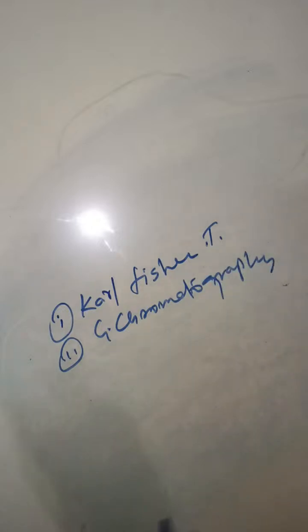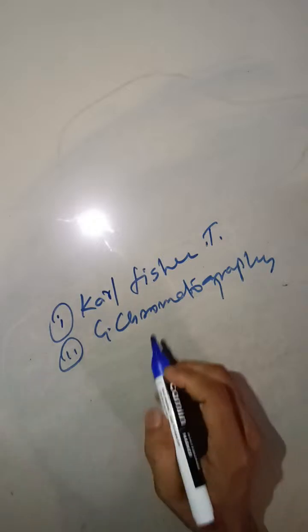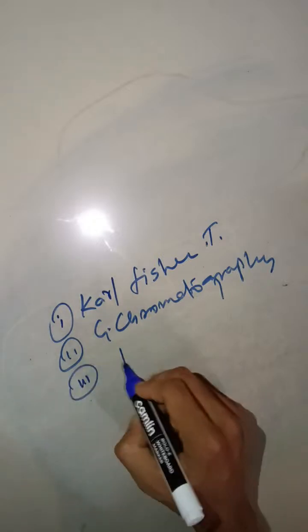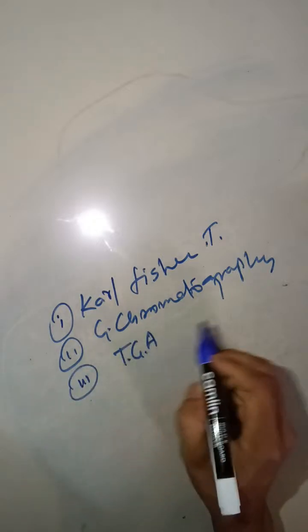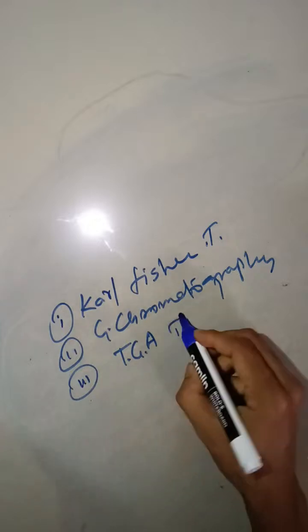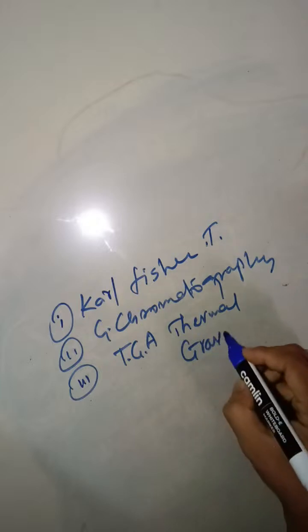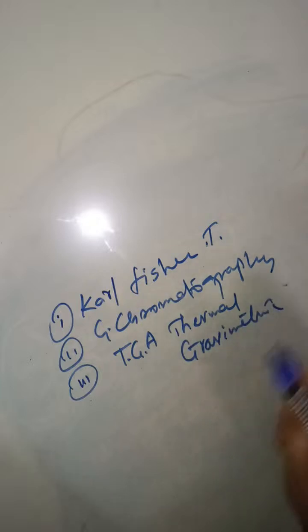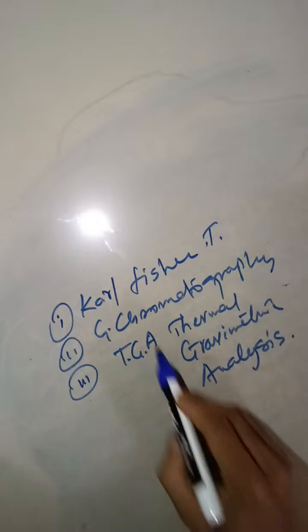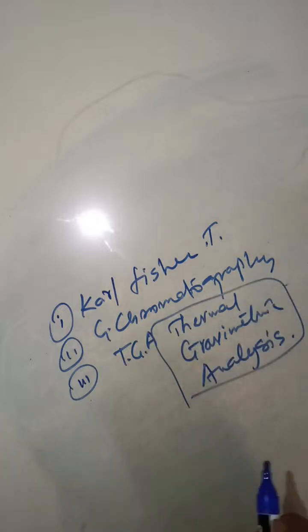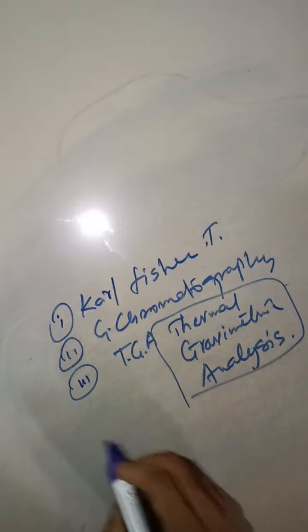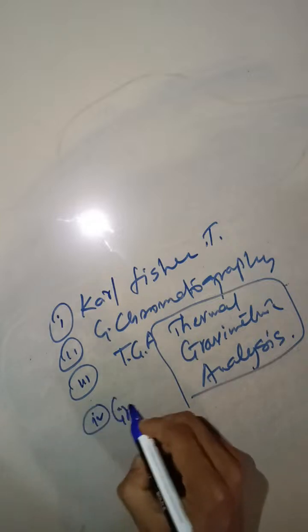Carl Fischer technique, gas chromatography. Number 3 is TGA. What is TGA? Thermal gravimetric analysis. By these three ways, thermal gravimetric analysis, gas chromatography, Carl Fischer, and number 4, gravimetry.